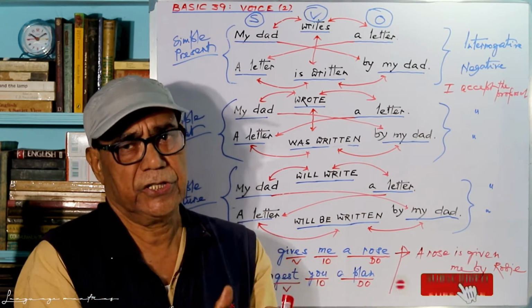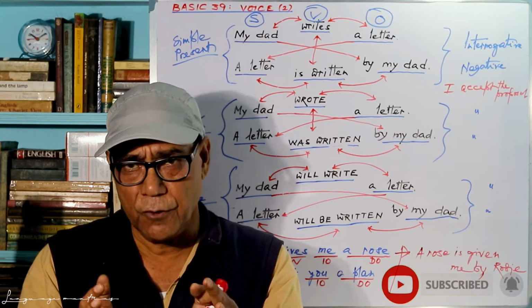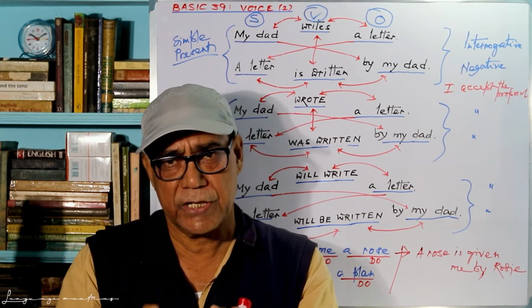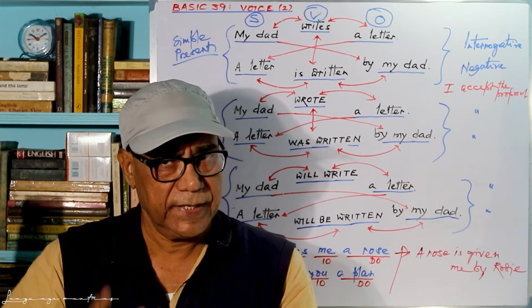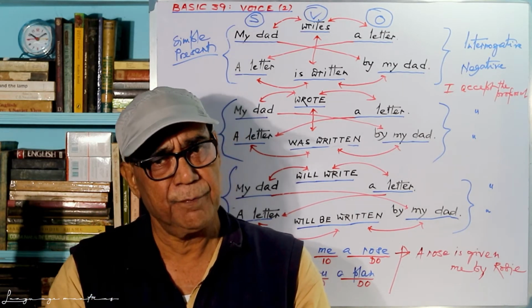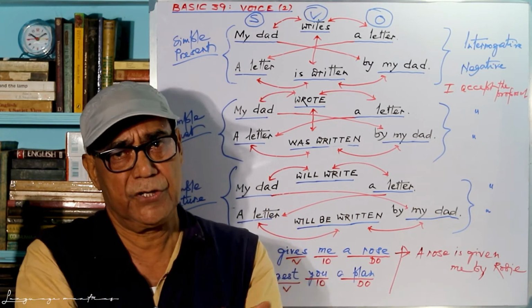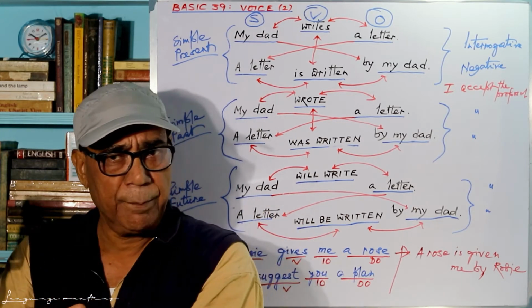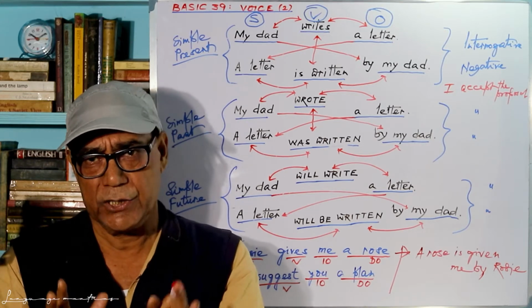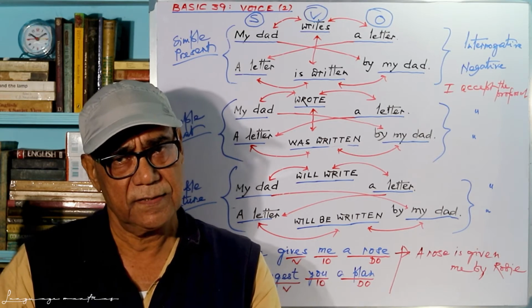In our session 38, we introduced the voice. The voice is a grammatical category. There are two types, the active voice and the passive voice. The transformation of an active voice sentence into a passive voice one is a kind of transformation of sentence. What happens there?